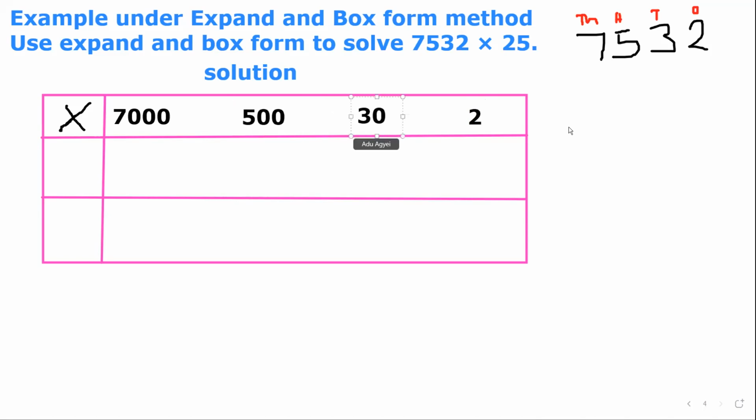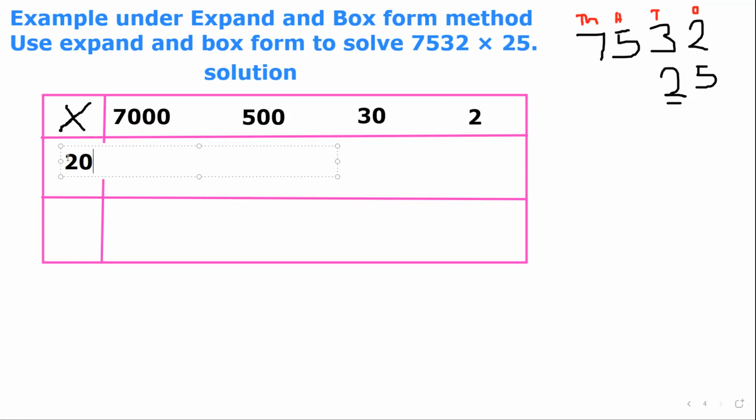Okay, good. Now then you also indicate the real values of the 25 here. You start with the 2, because the first digit here, the 2 multiplied by the 10, that will be on this side, and that is 20.